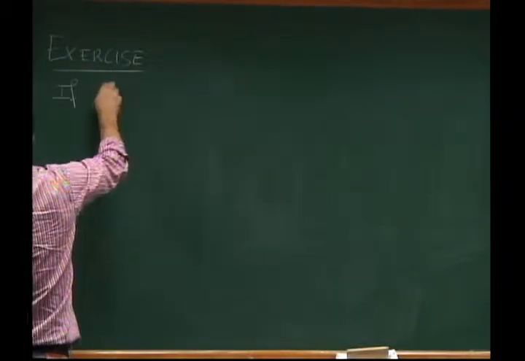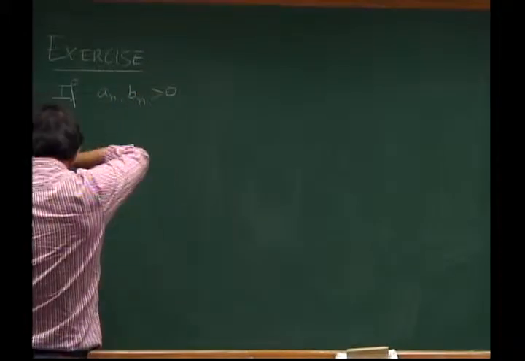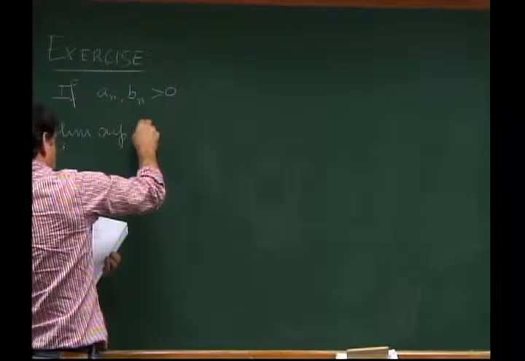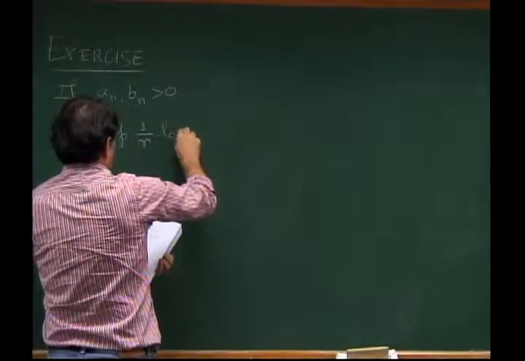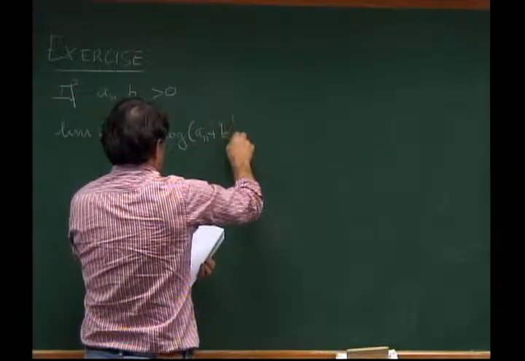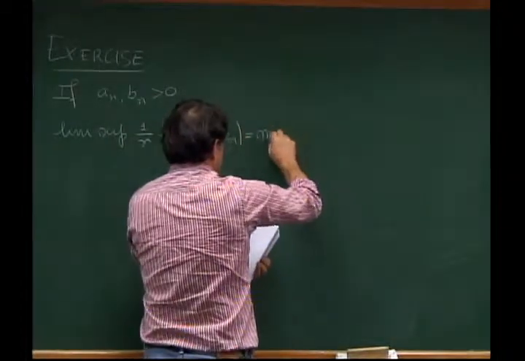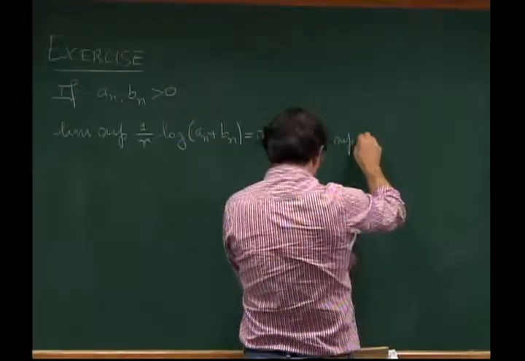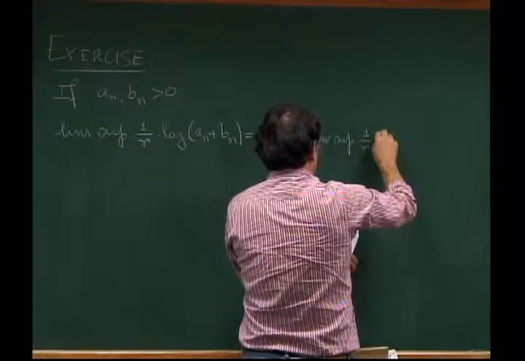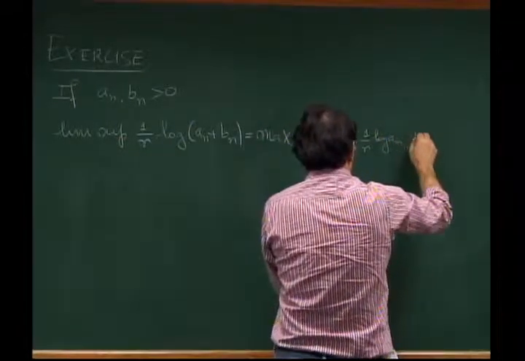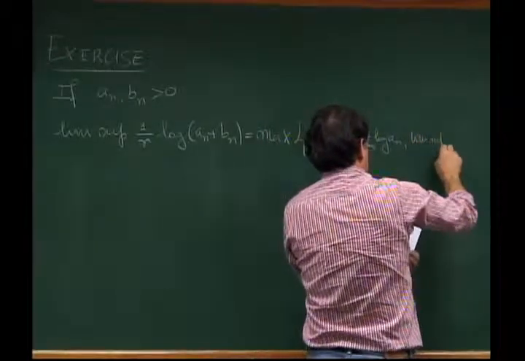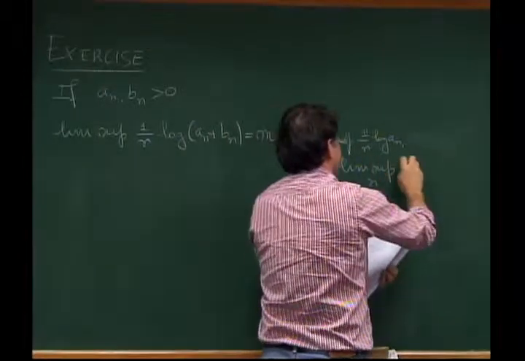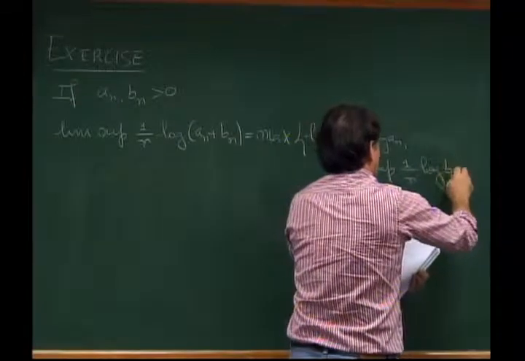If a_n and b_n are sequences of positive numbers, then the lim sup of 1 over n log (a_n + b_n) is equal to the maximum between the lim sup of 1 over n log a_n and the lim sup of 1 over n log b_n.